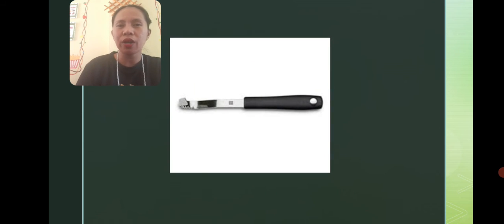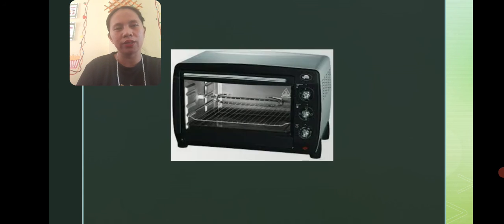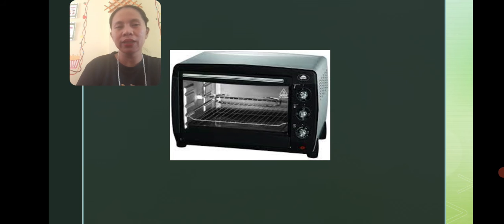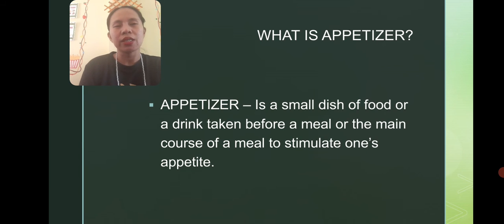Yes, this is butter curler. How about this one? This is an equipment that is called the oven. And this is French knife. So you are correct. Let's now proceed to knowing what an appetizer is.